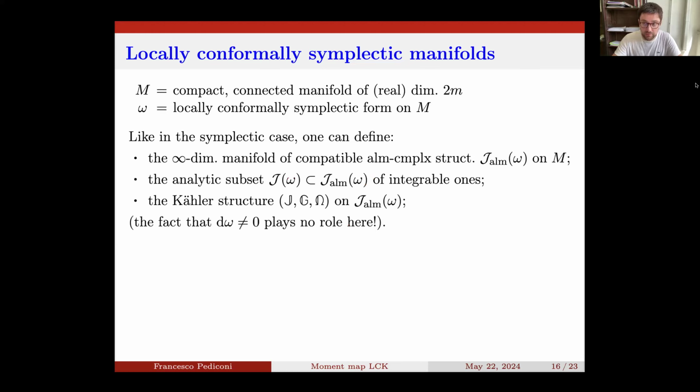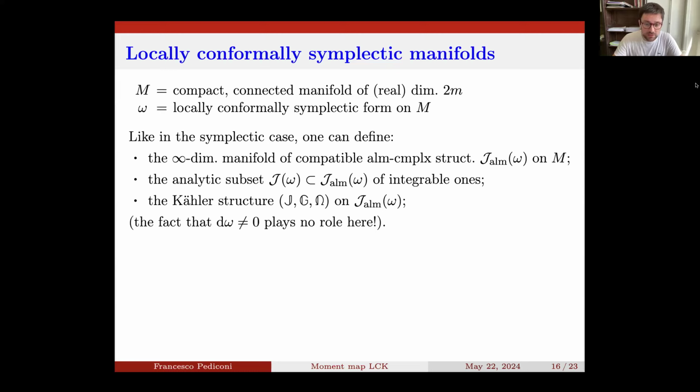It is given by those complex structures J with respect to which omega is of type 1, and with respect to which the composition with omega gives you a positive definite Riemannian metric. You can define the analytic subset of those almost complex structures that are integrable, and you can also define an infinite dimensional Kähler structure on this space. And actually, everything works precisely as in the symplectic case.